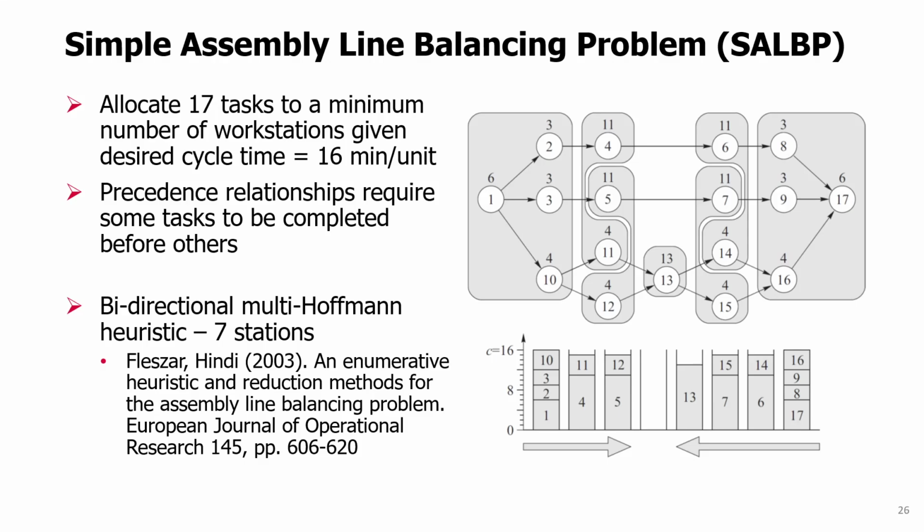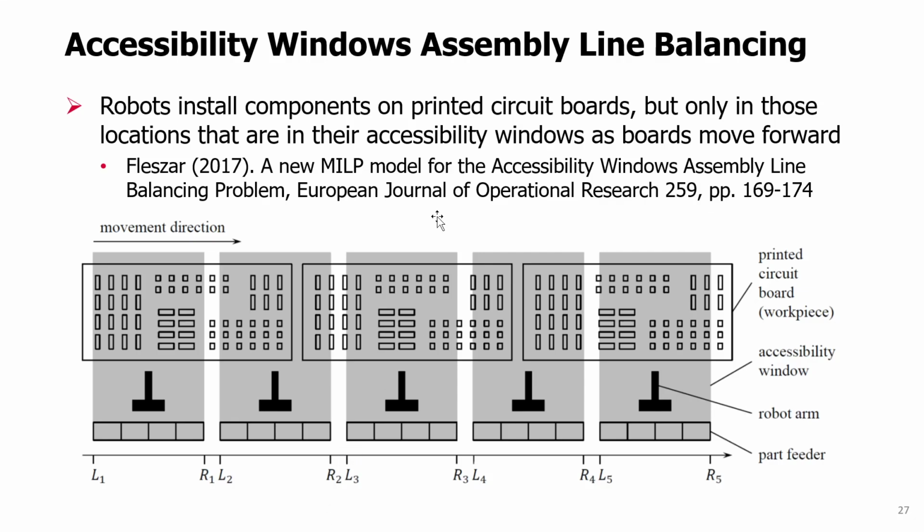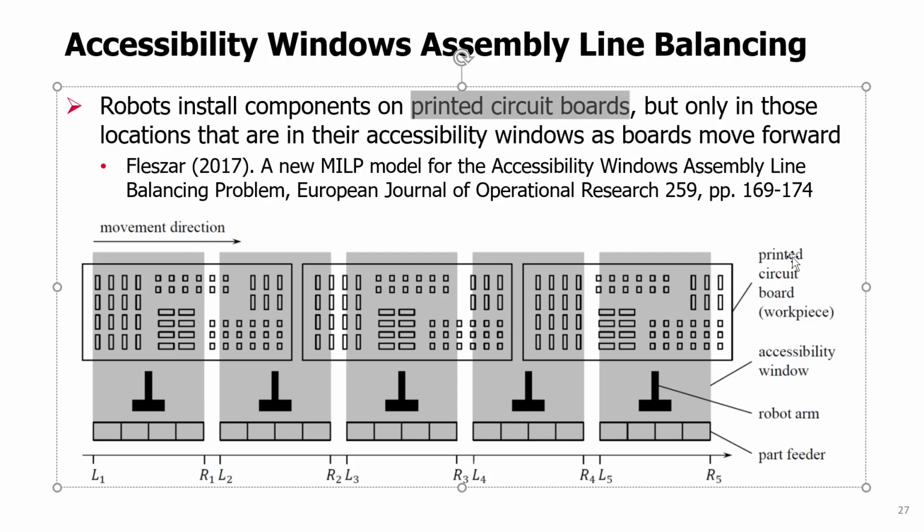More recent papers often consider robotic assembly lines. This is an example of an assembly line which installs components on printed circuit boards, right? And there are robots, right? So the idea is this is 5 stations. This is symbolizing the robot that is actually installing components on the printed circuit boards.